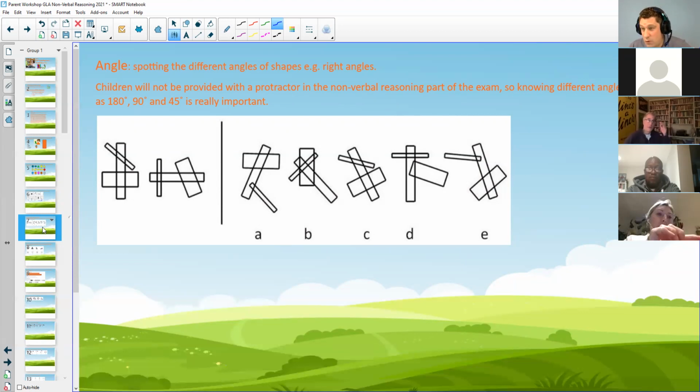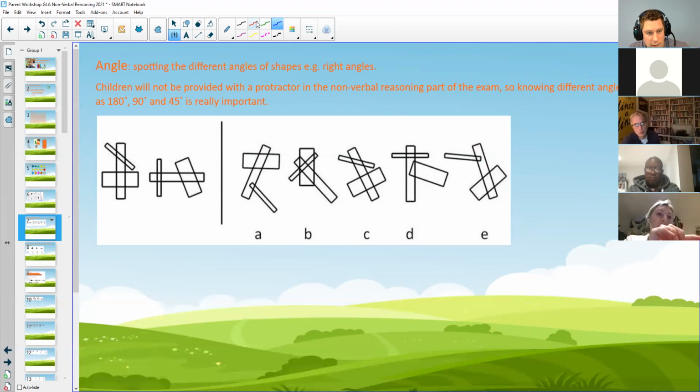And actually in the classroom, we often do this as a very simple game where you ask children to stand up, face you, and turn anti-clockwise 45 degrees or clockwise, just to give them an idea of how the angles can change. This particular question, I suppose, does illustrate it from a 90-degree perspective.